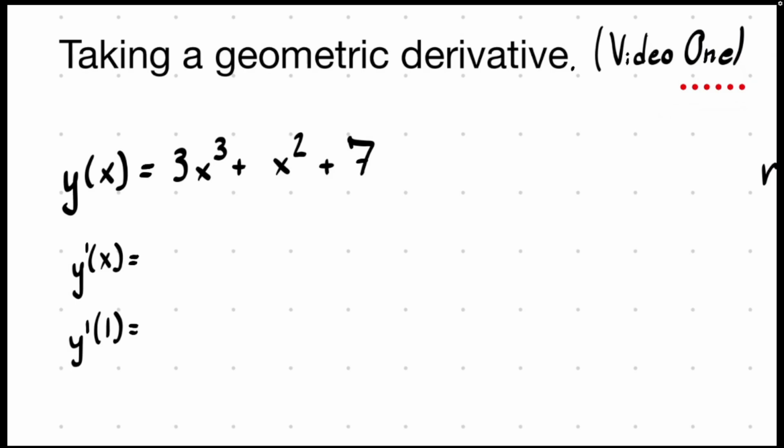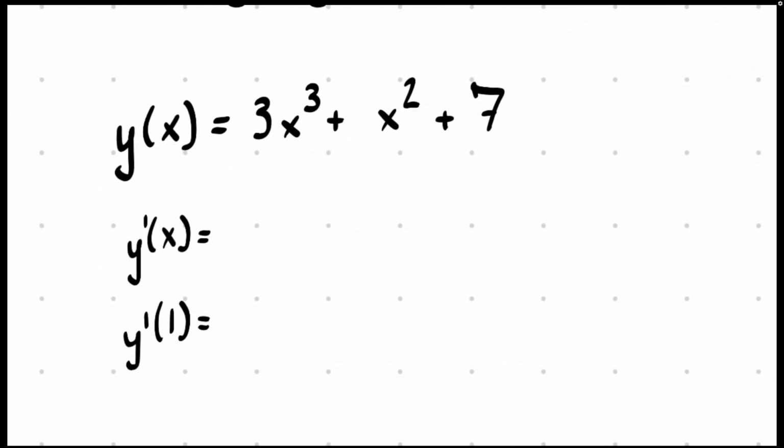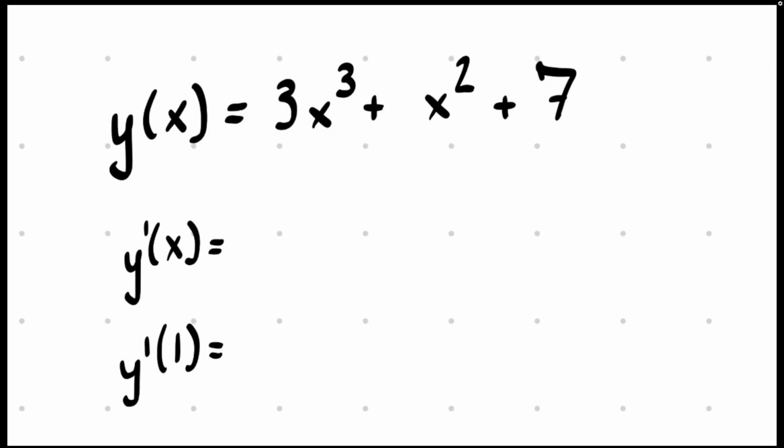So the first thing, we're going to look at our first function. I'm going to zoom in here. We have that y as a function of x equals 3x cubed plus x squared plus 7. For this one, we're just going to be using the general power rule. So if you don't remember, the power rule follows this format, where if you have some term in x, let's say we have a, and then to a b exponent, and we want to turn this into its derivative, we can just follow the power rule.